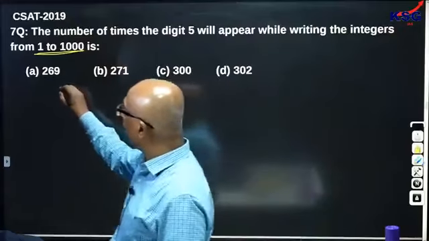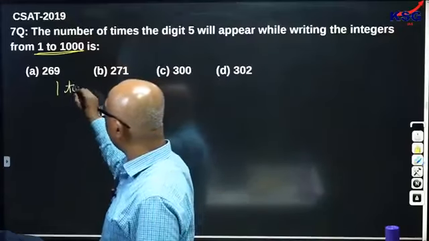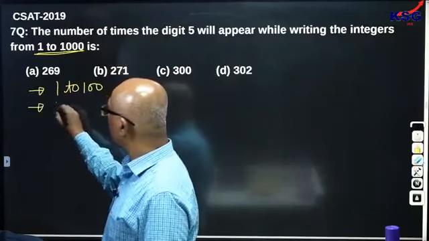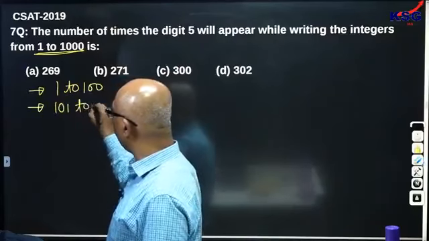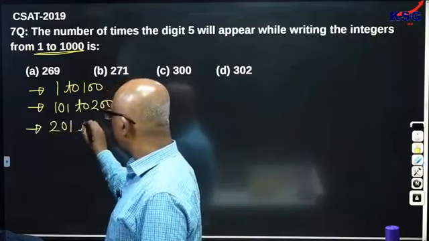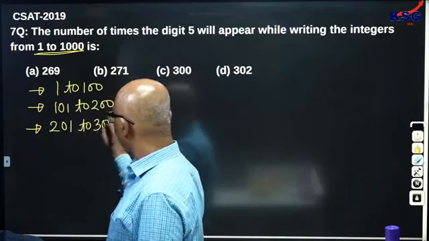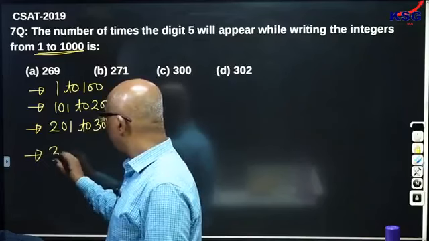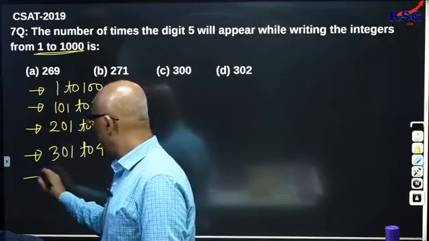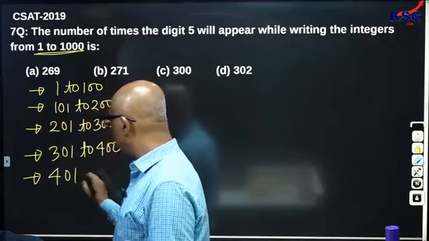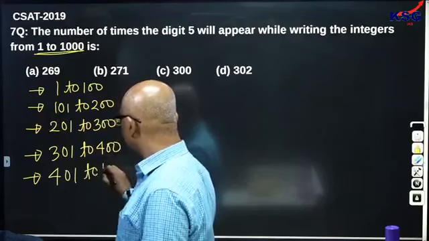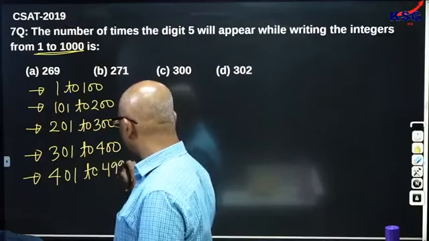So see, break it into 10 parts: 1 to 100, please focus on the solution, 101 to 200, 201 to 300, 301 to 400, 401. Students, remember, I take 500 as up to 499 here.